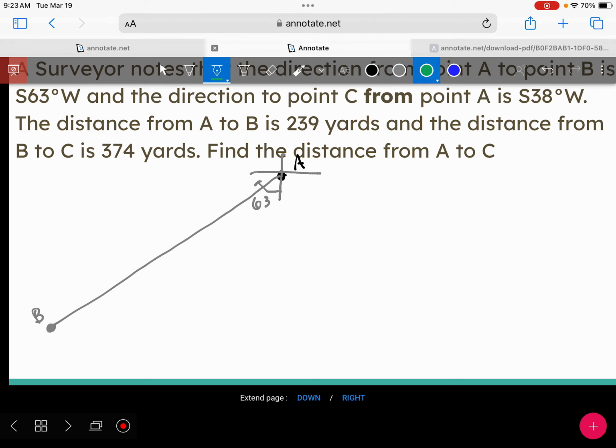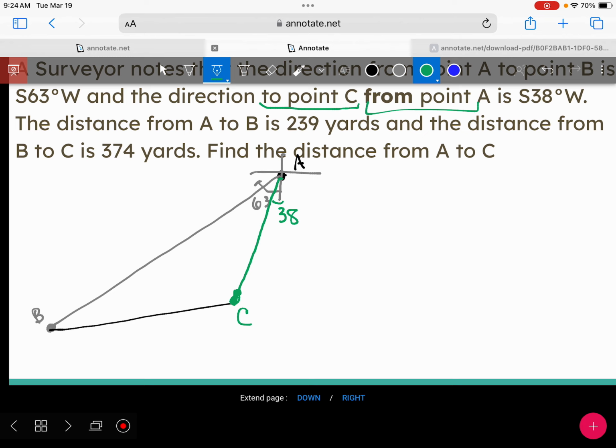And then from point A to point C, they just put it in the weird order. This says to point C from point A is south 38 west. So this is 38. There we go. So this is point C.